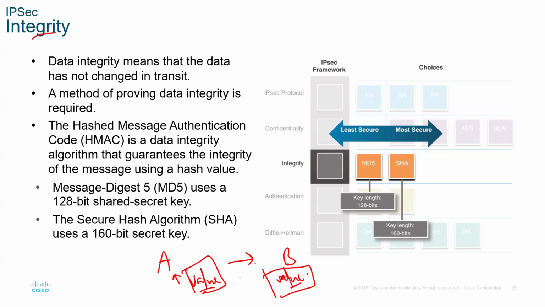So that's the idea around hashing. The higher the key you are using, the more difficult it is to find this value, because if someone knew this value, they could change the message, knowing what your value after hashing is.